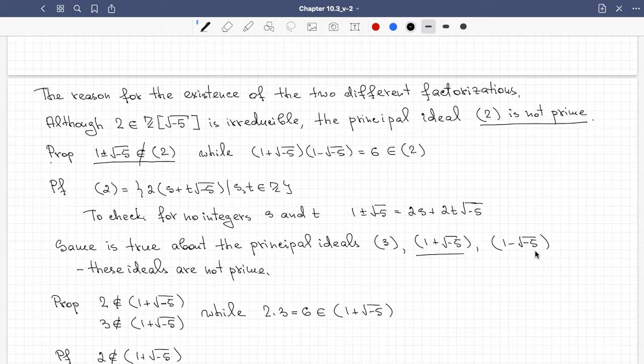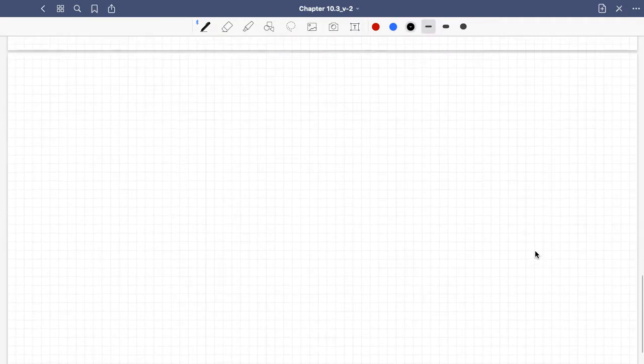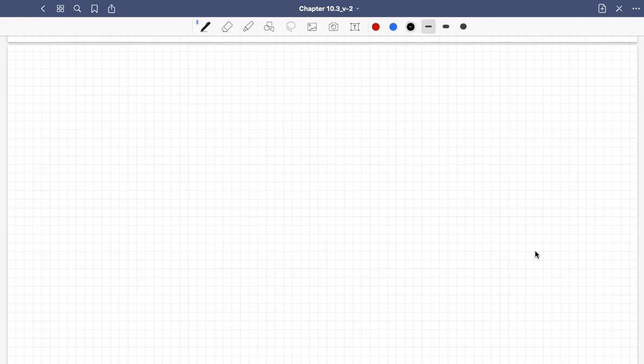And now that allows for an idea to fix the fundamental theorem of arithmetic so that the theorem becomes true.